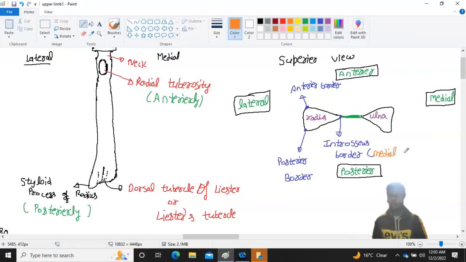And this membrane is called the interosseous membrane.